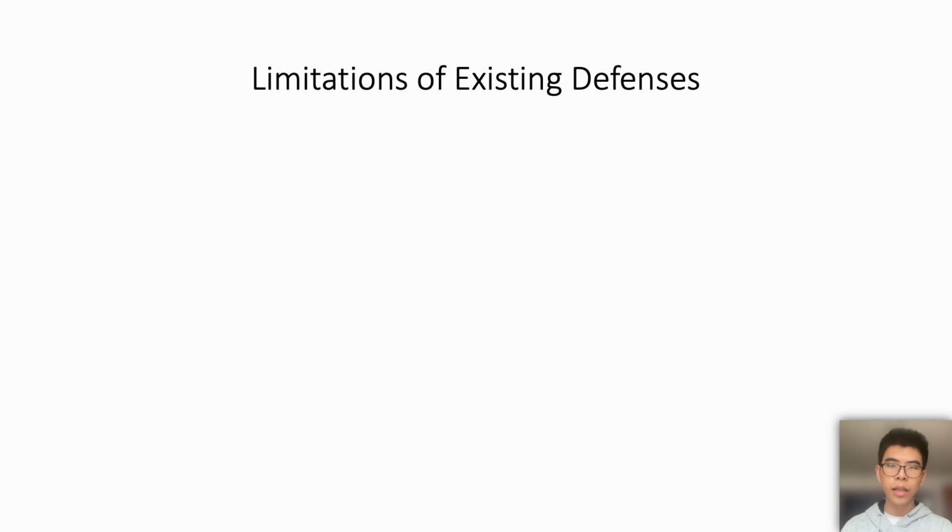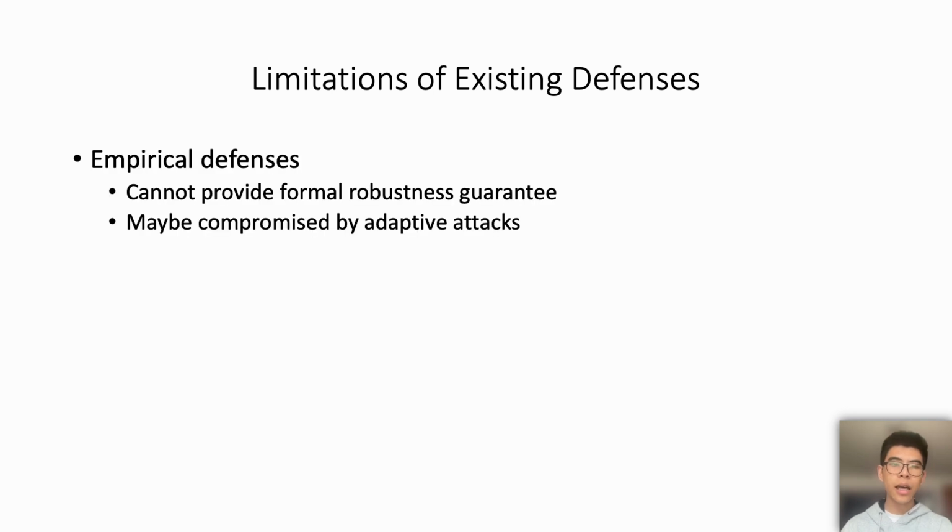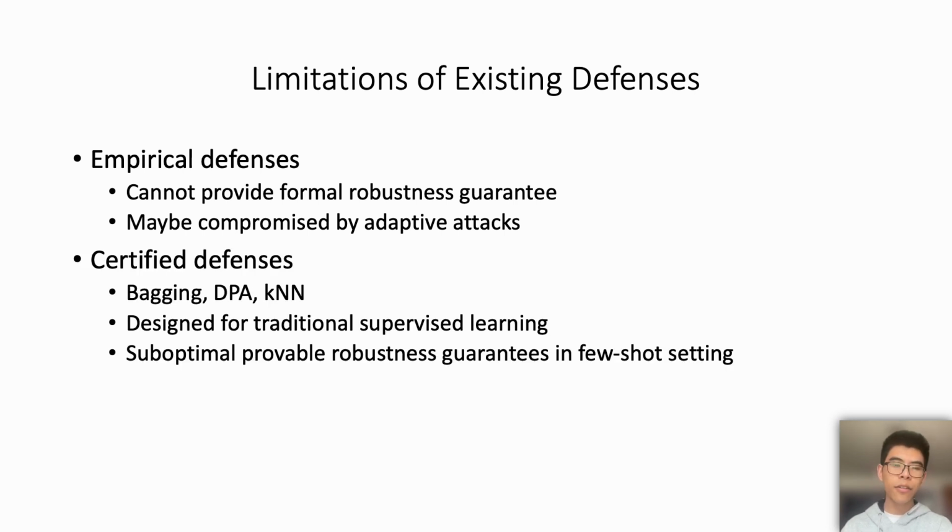Existing defenses against data poisoning attacks could be classified into empirical defenses and certified defenses. Empirical defenses cannot provide formal robustness guarantees, so they may be compromised by adaptive attacks. On the other hand, certified defenses provide a performance lower bound under arbitrary attack once the number of poisoned support samples is bounded.